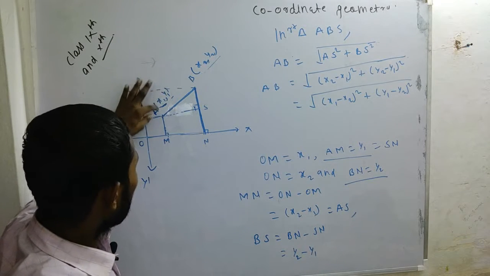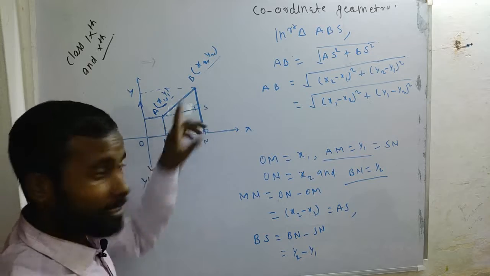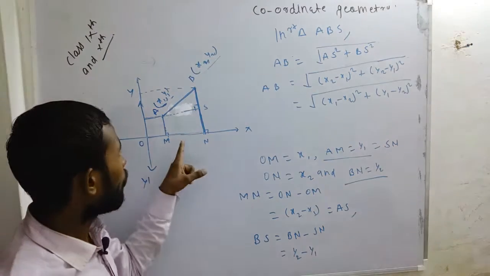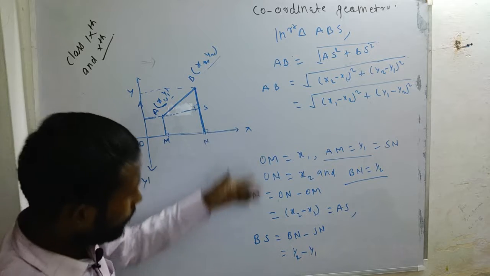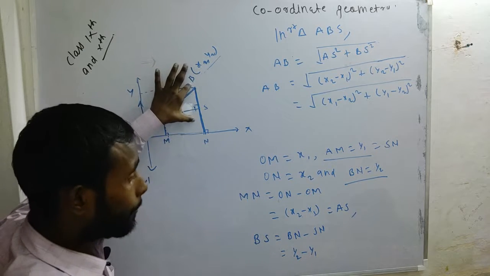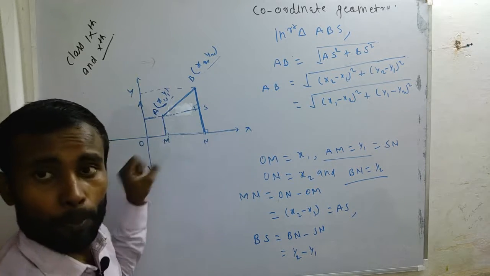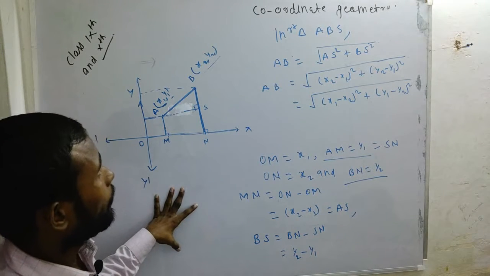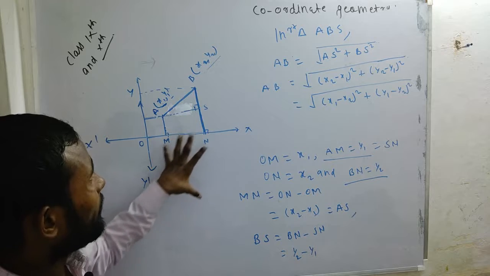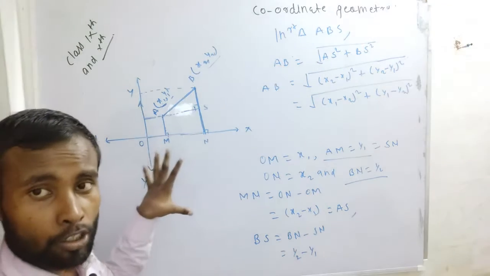ASB is a right angle triangle, so we draw perpendiculars AM and BN, and we determine AS and BS in this whole picture. I think you can also prove this formula.